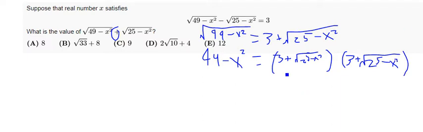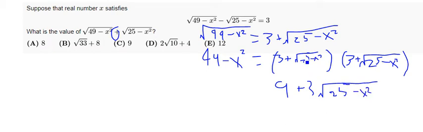So all we have to do is FOIL it out. 3 times 3 is 9. 3 times the square root of 25 minus x squared is plus 3 times the square root of 25 minus x squared.